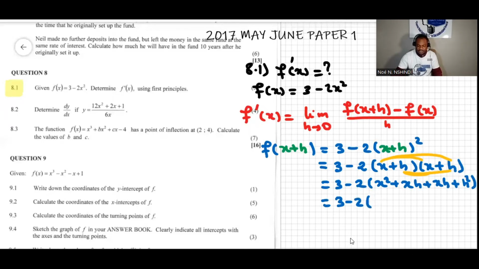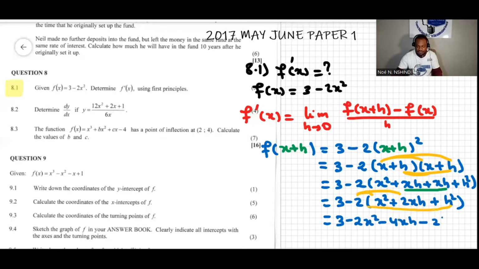We have the like terms xh, they can be combined, they make plus 2xh, and then plus h squared. Now, if I multiply the negative 2 by the terms within the brackets, this will become negative 2x squared, negative 4xh, negative 2h squared. And that's f of x plus h.